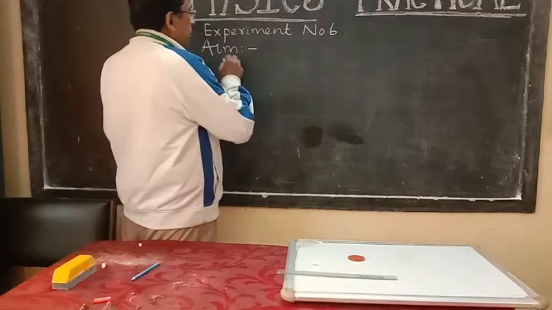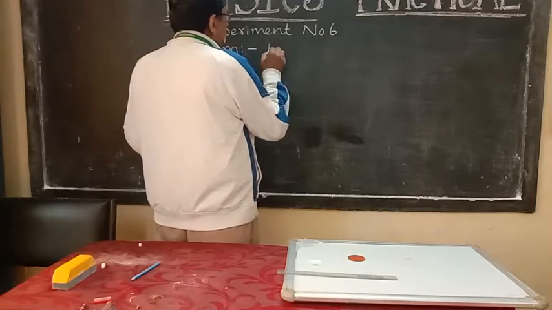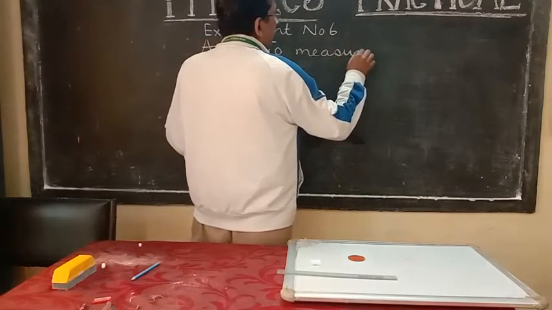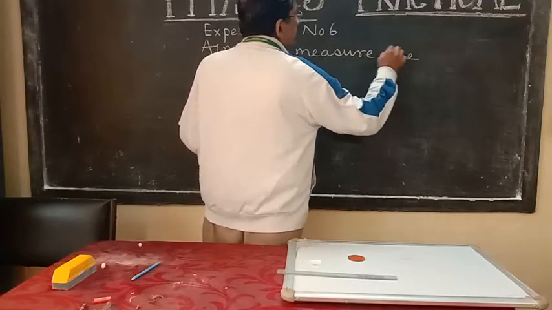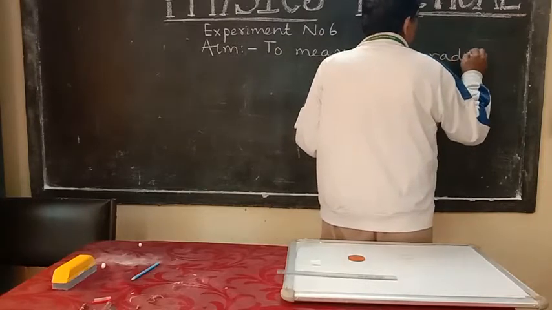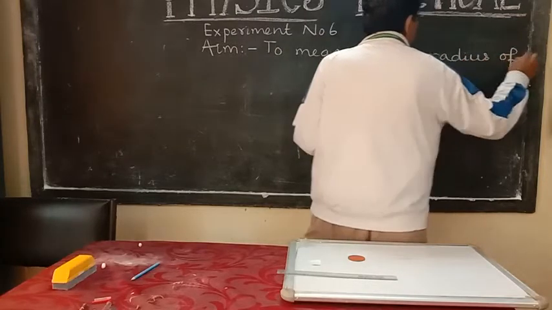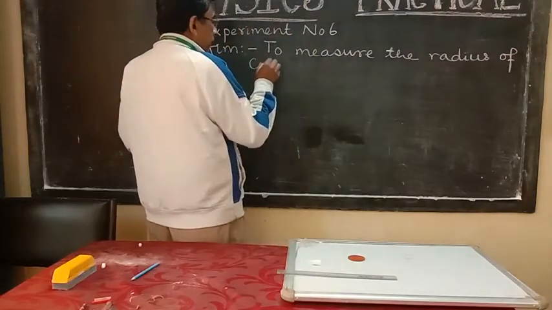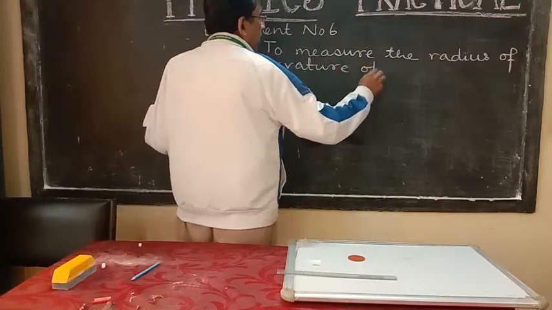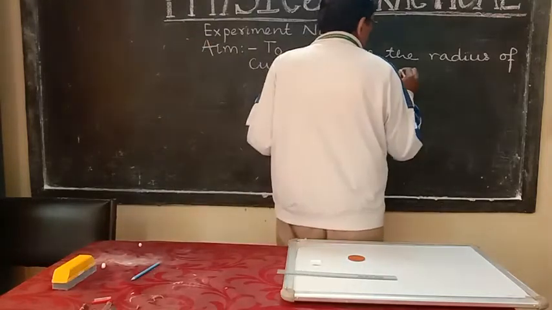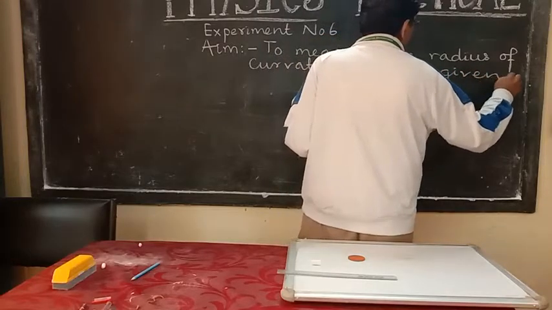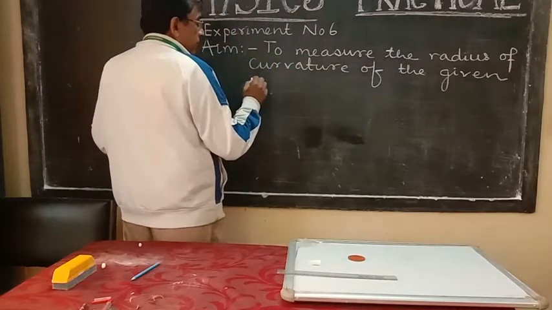So first I write down, aim of the experiment is to measure the radius of curvature of the given spherical surface.